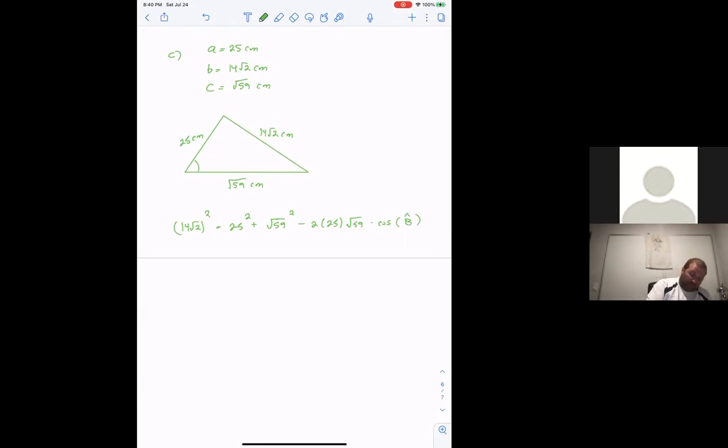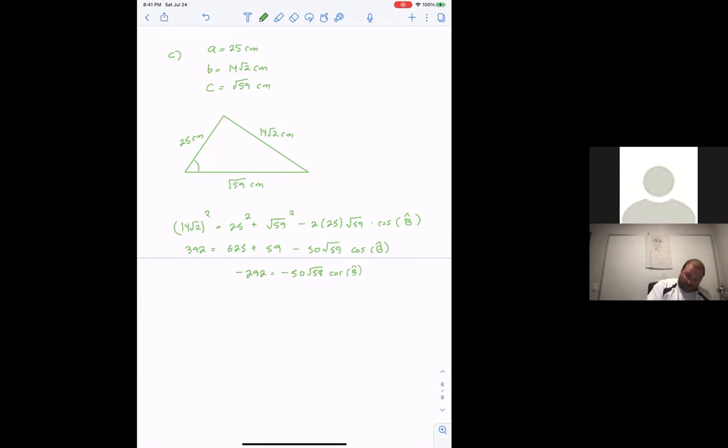So 14 root 2, well, 14 squared is 196, and 196 times 2 is 392, equals 625 plus 59 minus 50 root 59 cosine B hat. 392 minus 625 minus 59 gives us negative 292 is negative 50 root 59 cosine B hat.